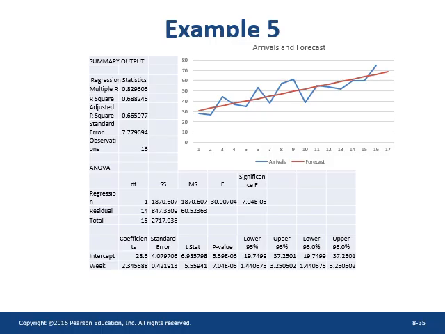The result of the regression analysis that Excel does tells us, if you look at the bottom two cells in the second column here, the coefficients for our intercept and our slope. So the intercept is 28.5 and the slope is 2.34 units. So we're growing demand in terms of arrivals by an average of 2.345 arrivals per week.